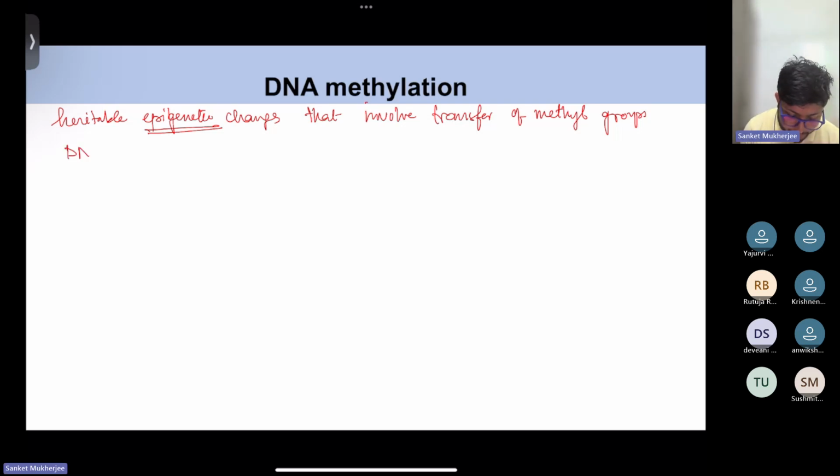This happens usually due to DNMTs, which are DNA methyltransferases. These are a group of enzymes. The most common methylation change happens in the case of cytosine. So we look at it.